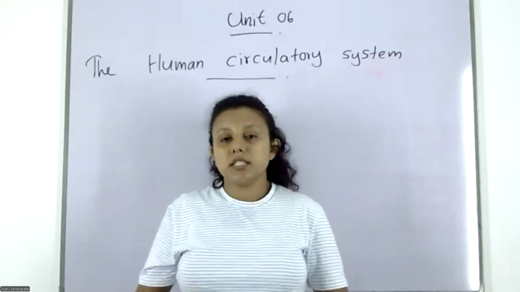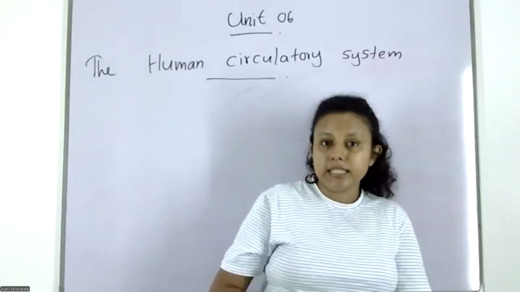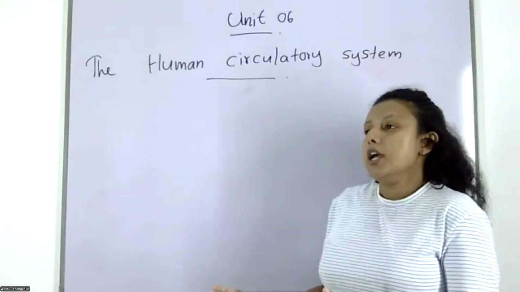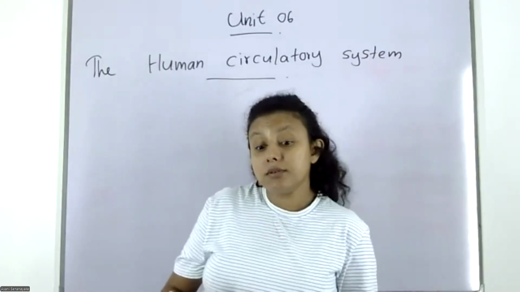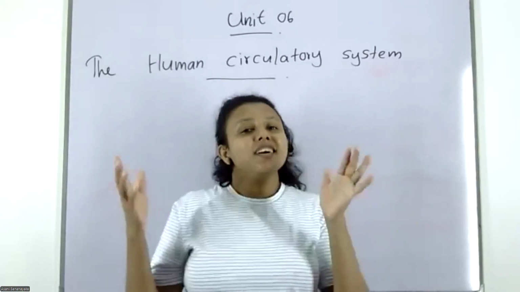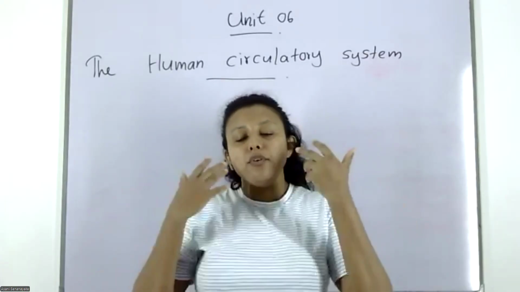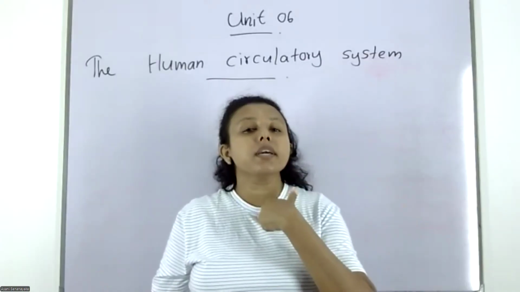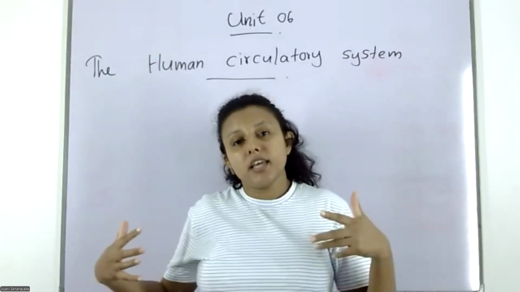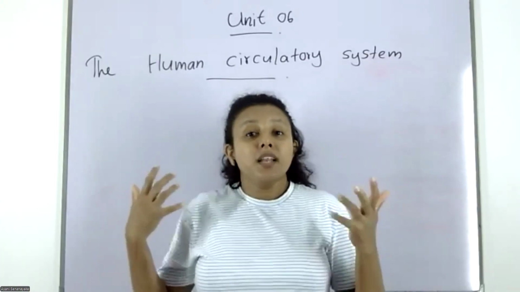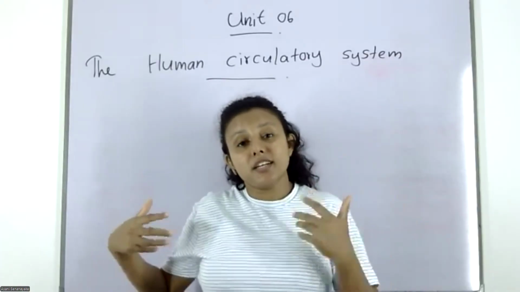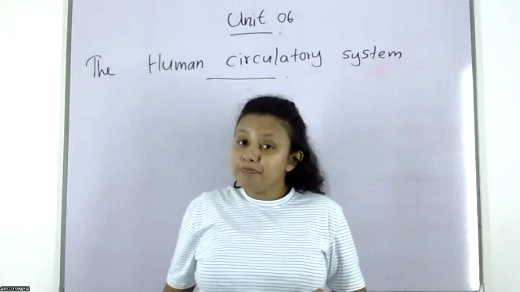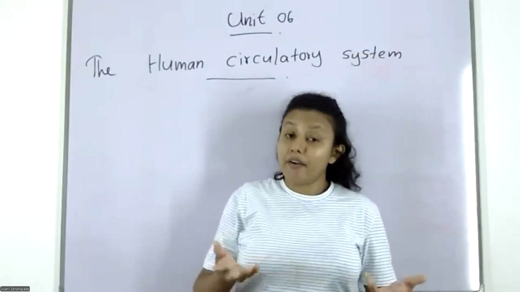In this system, mainly there are three things included. When we look at the digestive system, if you remember from grade 7, there are different parts: our mouth cavity, esophagus, stomach, small intestine, large intestine, anus, liver, gallbladder, pancreas.